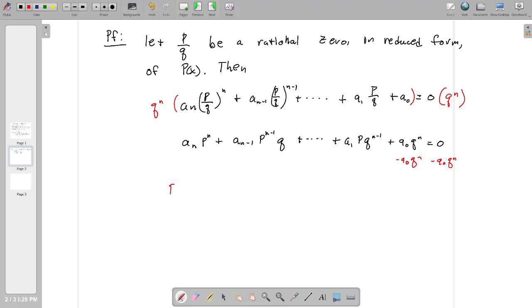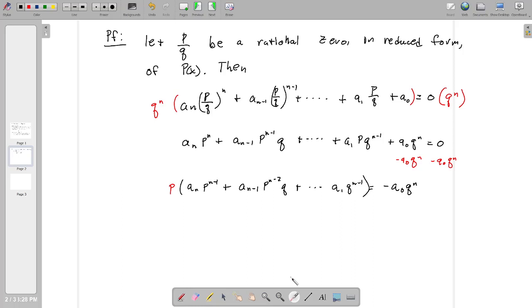Factor out a p. And what's left is a sub n p to the n minus 1, a sub n minus 1 p to the n minus 2 q, down to a sub 1 q to the n minus 1 is equal to, and then on the right I still have just negative a sub 0 q to the n.